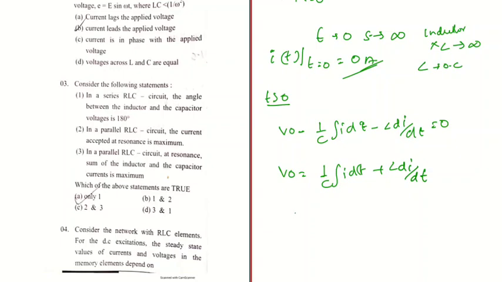Now taking the differentiation once again on both sides, d by dt of V0 is 0, and for the other terms we get I divided by C plus L into d square I divided by dt square.